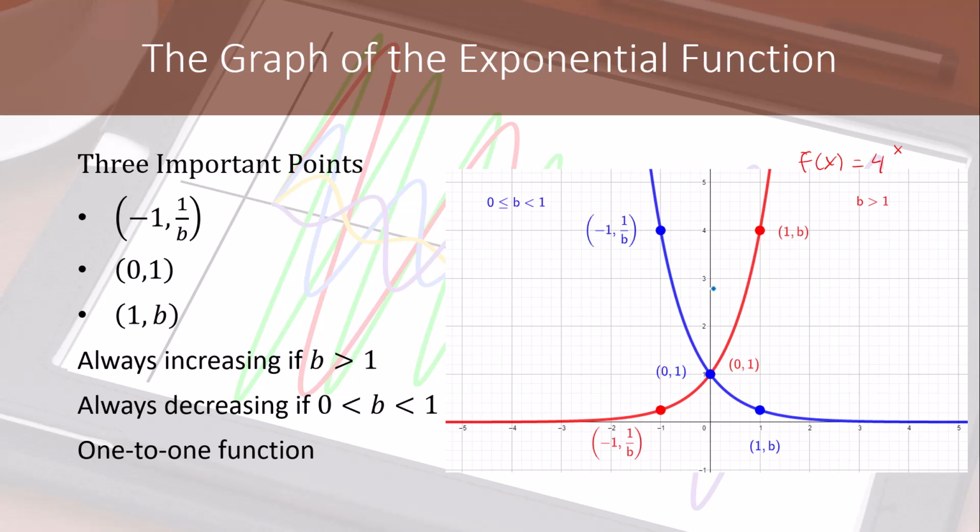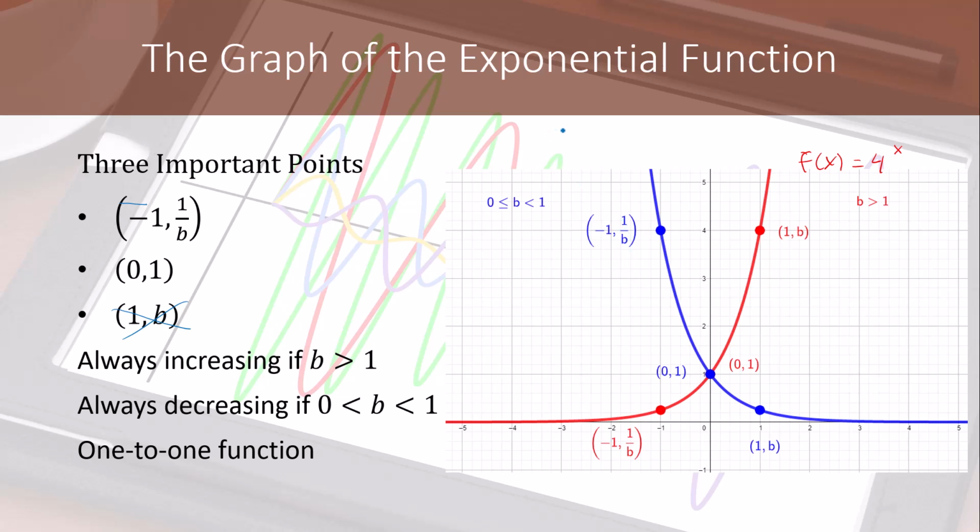Now for this one, it's a little trickier. And it turns out that for the blue one, (1, b) does not really help you, because it is this point way, way, way down here, and it's very difficult in this graph to determine what it is. But (-1, 1/b) can actually help you. Notice that when x is equal to -1, we have 1 over b.